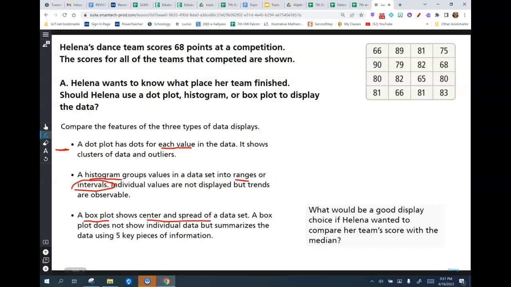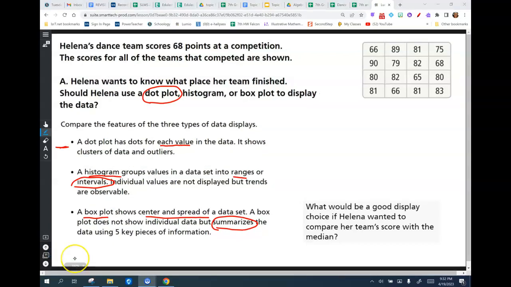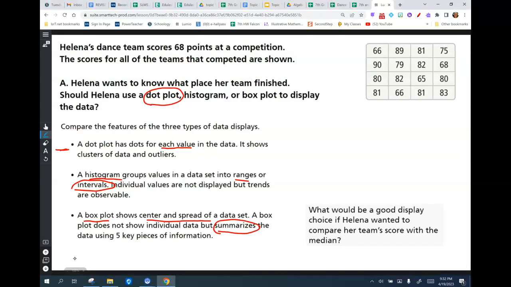And a lot of times that's going to be a summarization, about your percentages. So if she wants to know what her team placed, I think it would be the dot plot, because we want to look at what each team does. So she would use a dot plot in order to figure out what it was.